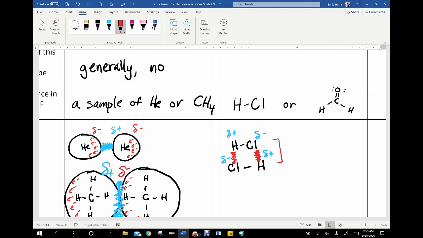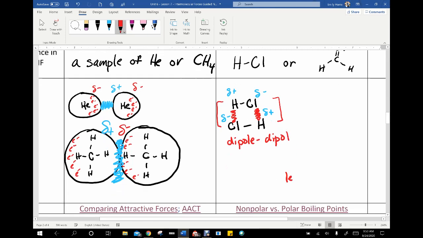You have a dipole interaction here and a dipole interaction here. That's why this force is known as dipole-dipole. Let's also take a look at this with our second molecule, H2CO. And I'm going to draw this one sideways. Oops, and let me not use organic notation, so that's for chemistry too.